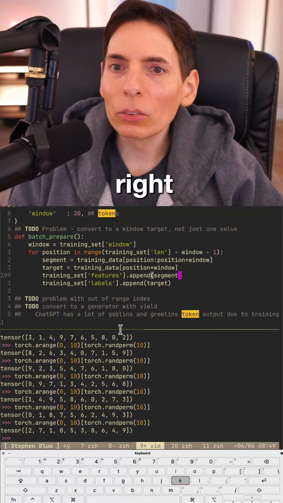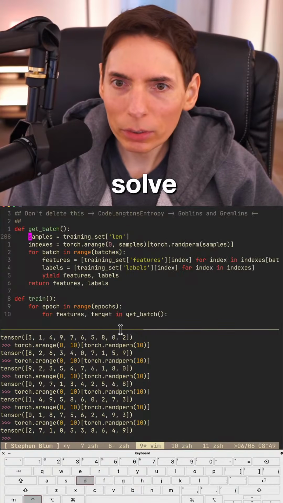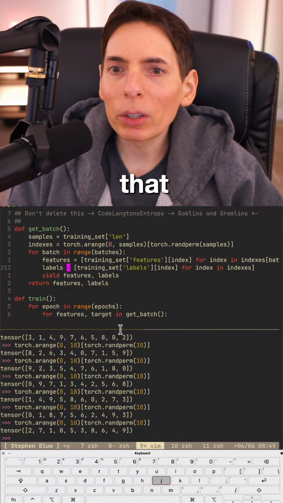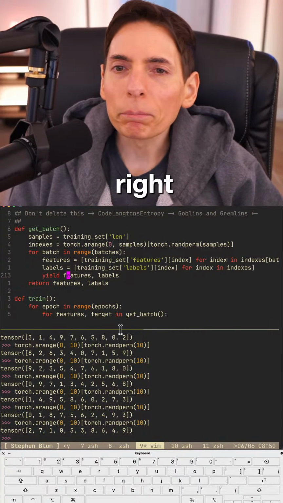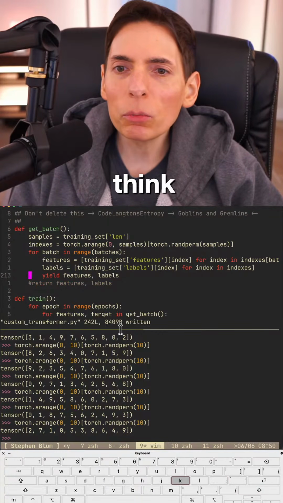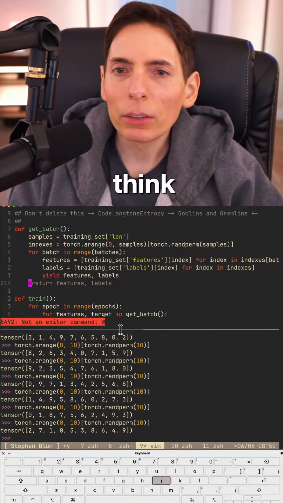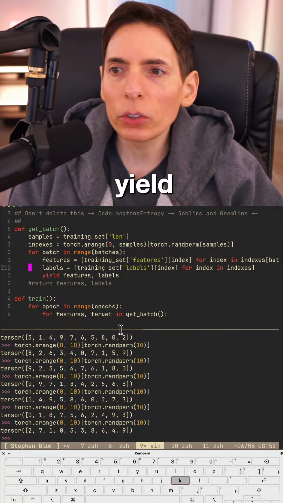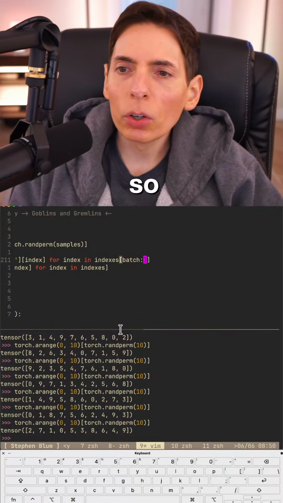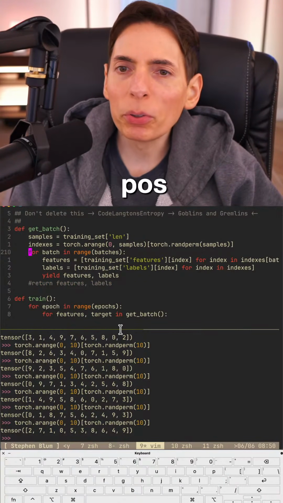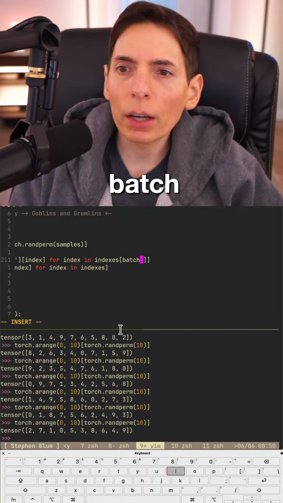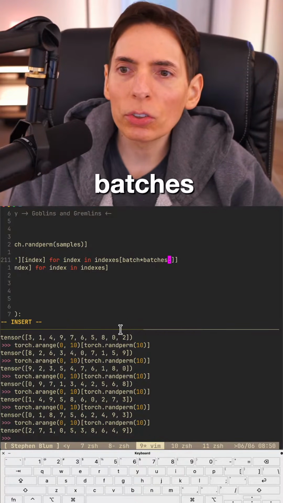All right. So we got a problem here we got to solve. We've got our samples here that we're going to yield. And then I think we're done here after that. I don't think we return. I think we just finish the yield here. Let me finish this. So we've got our current batch position, which will be like 0 times batch size times batches.